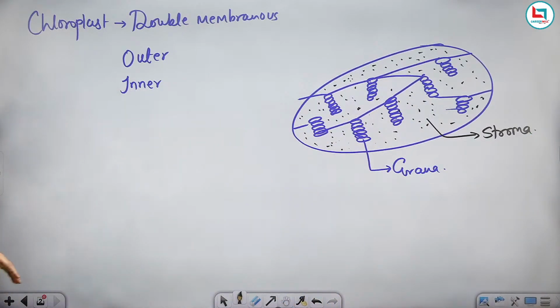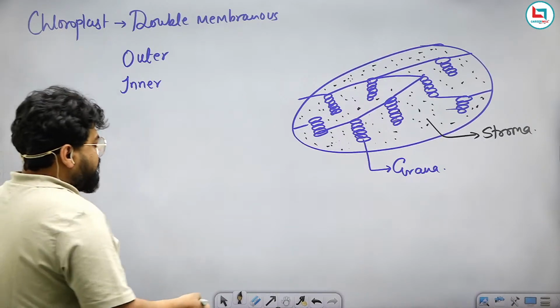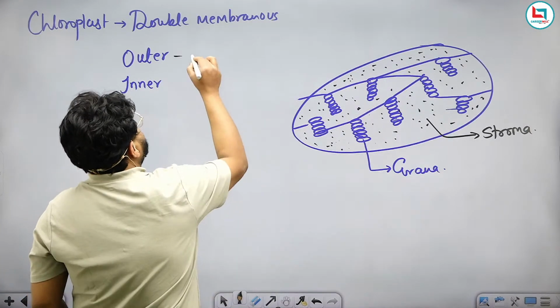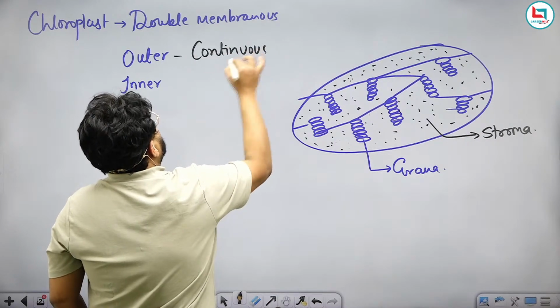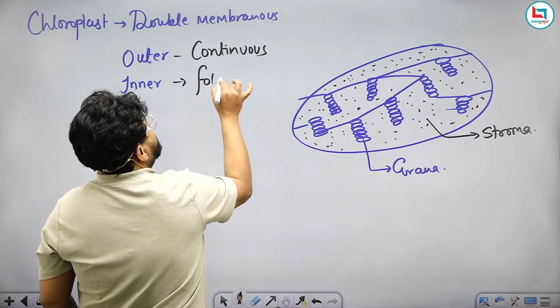So just like mitochondria, chloroplast is also a double membranous structure. Its outer membrane is continuous while the inner membrane is folded.